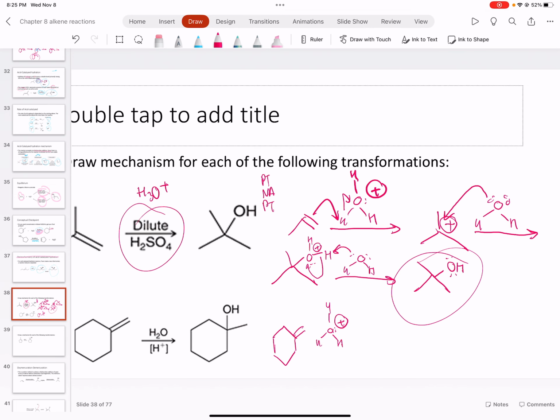Okay, so with that little note in there, we can do a proton transfer. So then H goes on the least substituted. I can proceed to the nucleophilic attack.